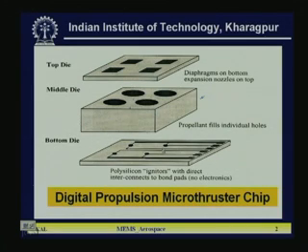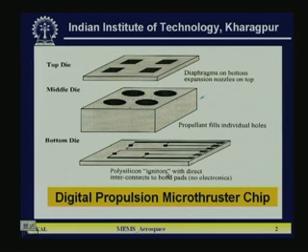So you can see here the four chambers; these are propellant chambers. Below the 4 propellant chambers there are small spots you can see in the bottom die, 1, 2, 3, 4. These are basically the heating elements. They are connected and bond pads are taken out. Now when you bond all the 3 pieces, all 3 substrates are bonded together.